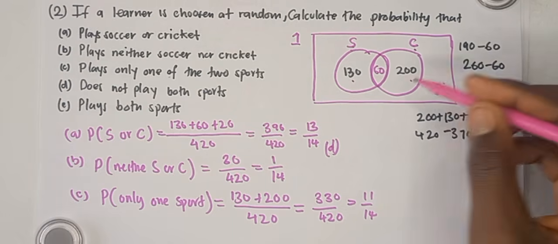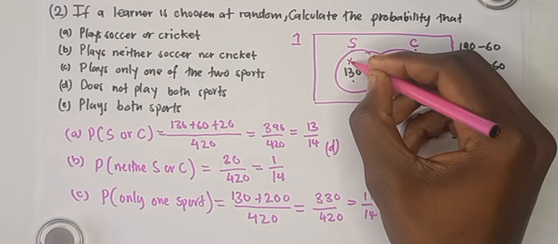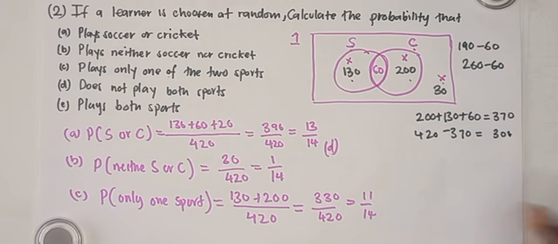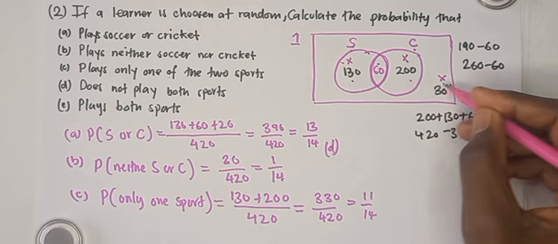Let's take absolutely everything that is not both. This is not both, this one is not both, and also this one. This question is very important because it confuses a lot of you. The only both here is this one, 60.